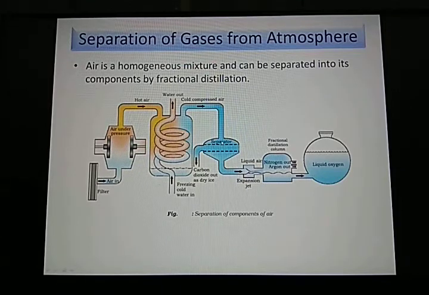Now we know that in the compression process, the temperature rises because the volume of the gas decreases. Here, as soon as it reaches the separator, the volume increases. So there will be an expansion process, and in the expansion process, the temperature decreases. Already the air is cold compressed.